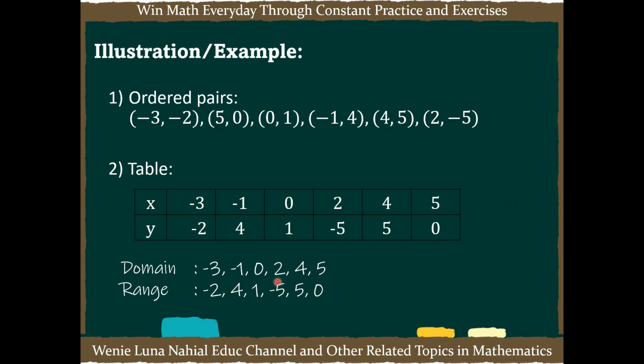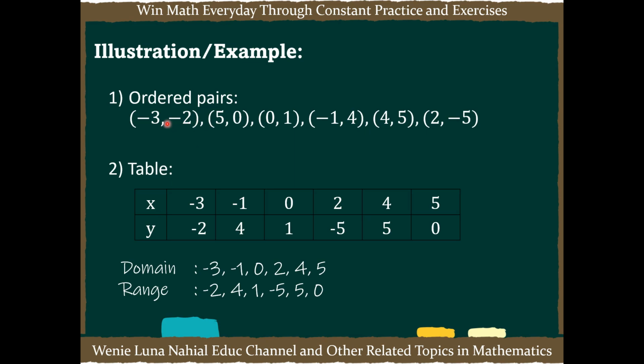And here, for the second illustration, the domain is provided. We have -3, -1, 0, 2, 4, 5. So we have to understand that the domain are simply the x values in the table in illustration number 2.